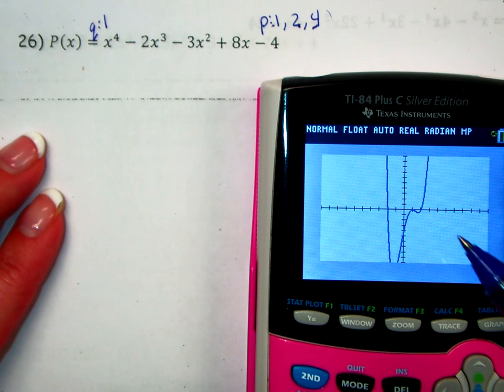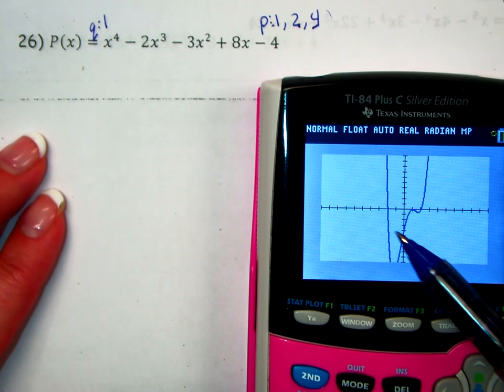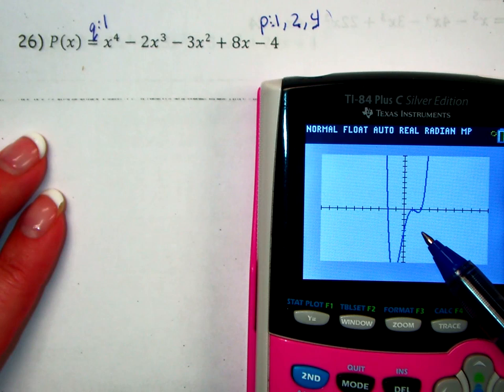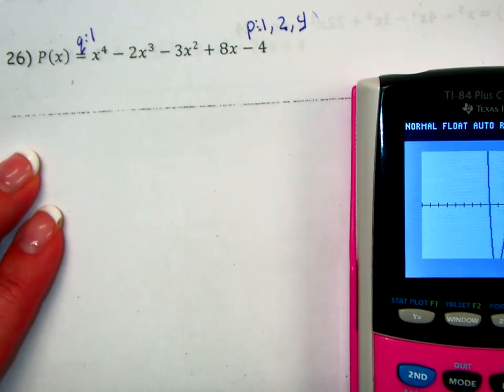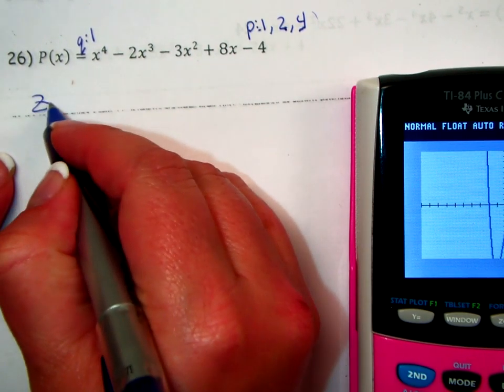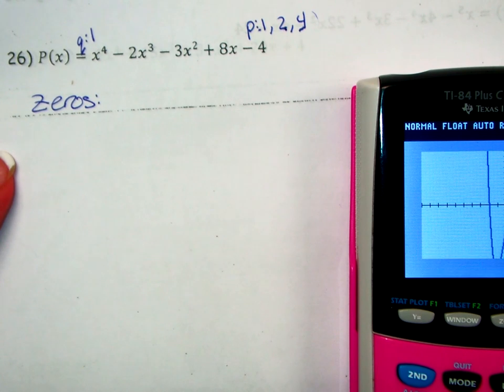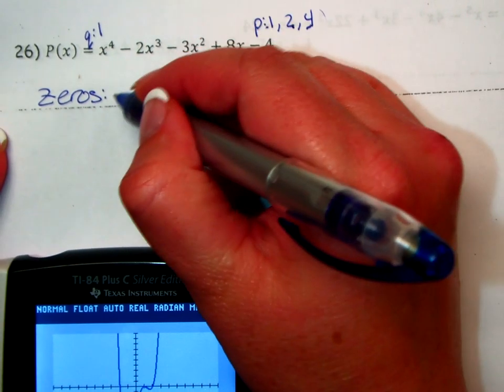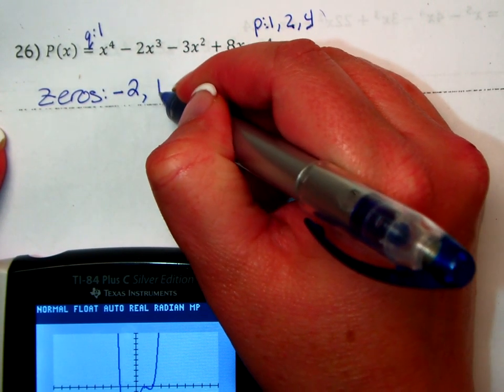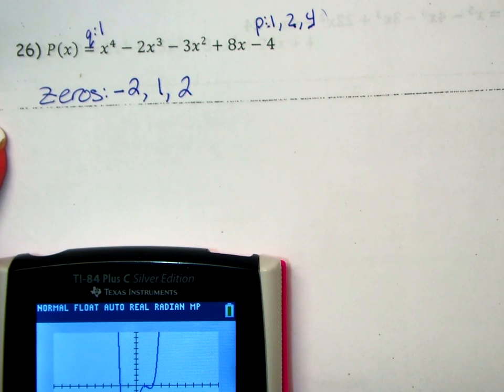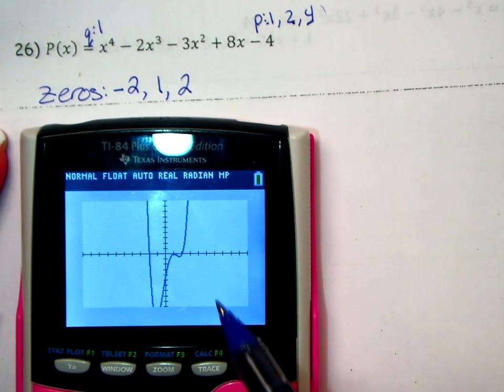There we go. Okay, so it's crossing at negative 2, it's touching at 1, and it's crossing at 2. So the zeros we have are negative 2, 1, and 2, right?